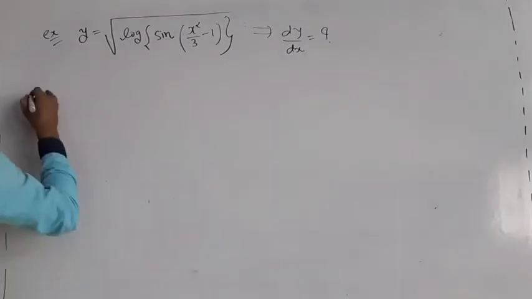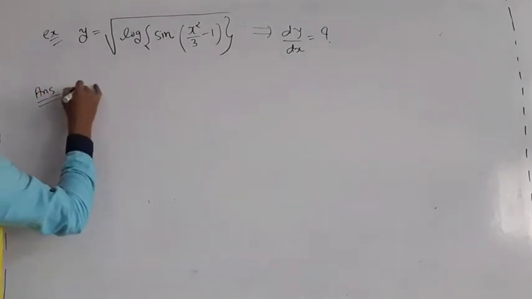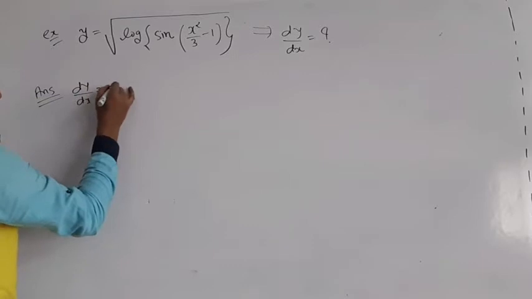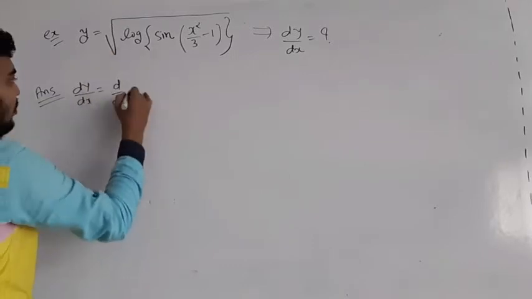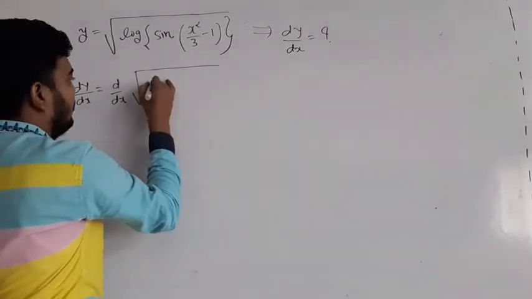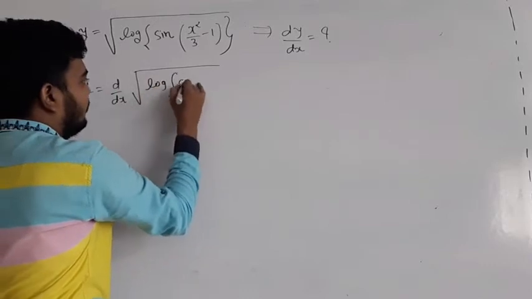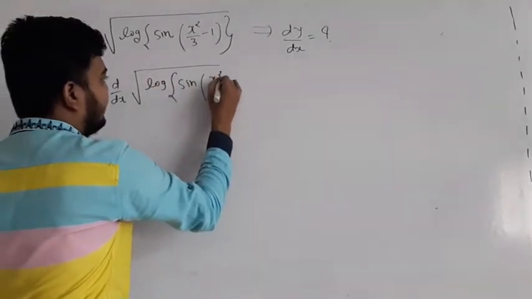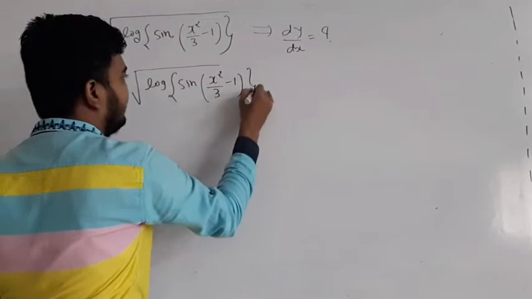Okay, so dy by dx is equal to d by dx of this whole thing, means root of log of sine of x square by 3 minus 1.